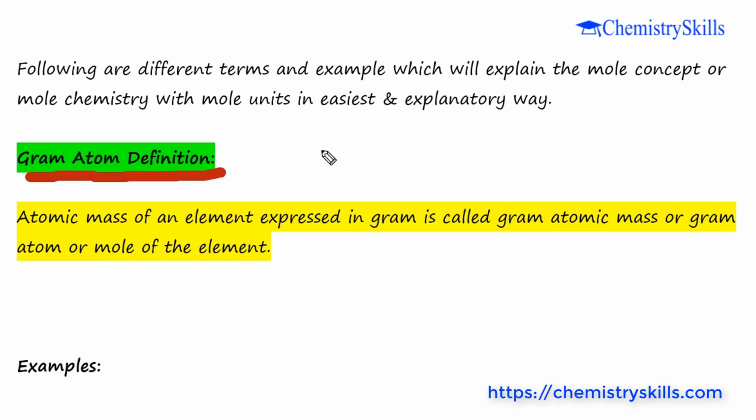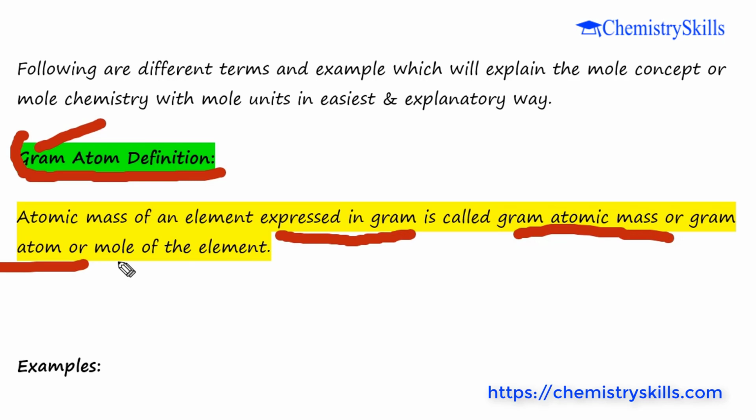The atomic mass of an element expressed in grams, very important, is called gram atomic mass, or gram atom, or mole of the element. Very simple.